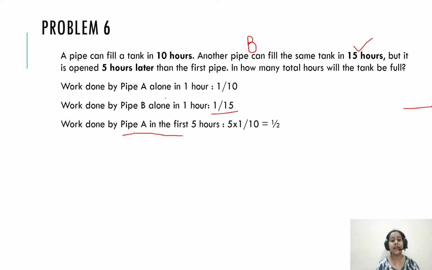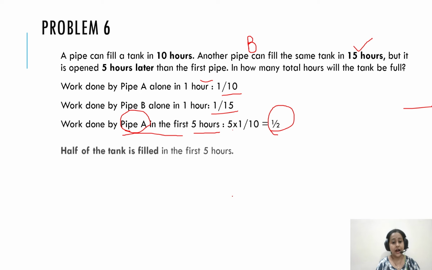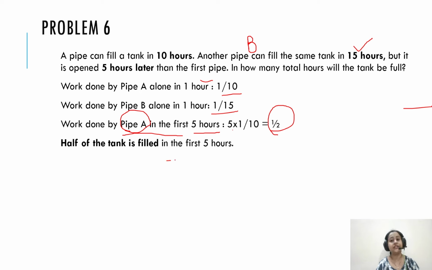If pipe A in 1 hour can fill 1 by 10, then in 5 hours it can fill 5 into 1 by 10, equal to half. So half of the tank will be filled in the first 5 hours by pipe A, because in the first 5 hours only pipe A is open and pipe B was not open. Right?